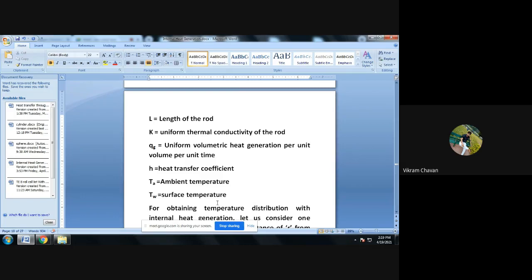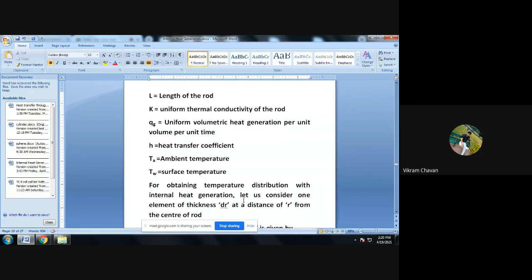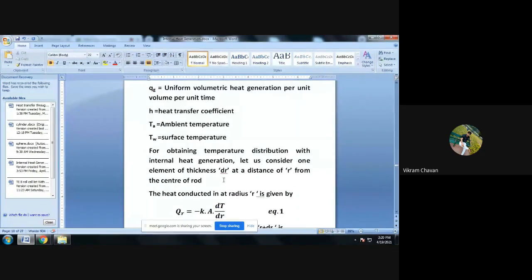Then T suffix A is equal to ambient temperature. Next, T suffix W is equal to surface temperature of rod.